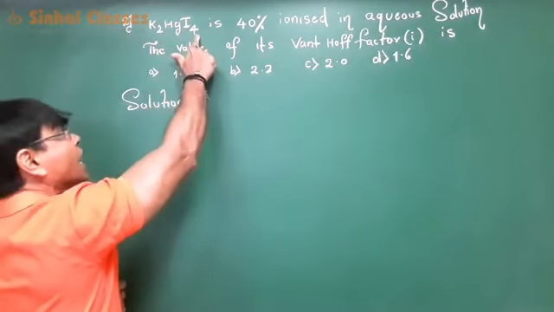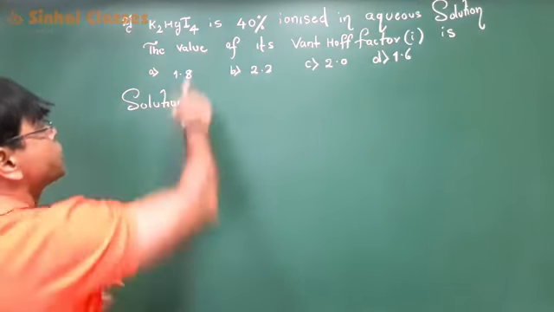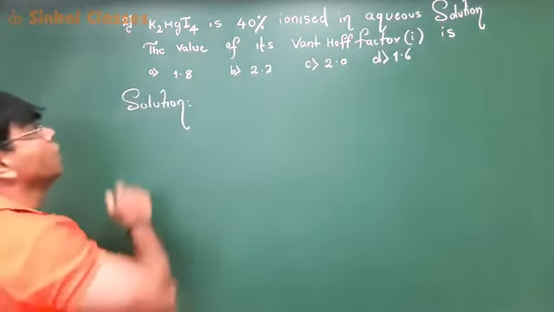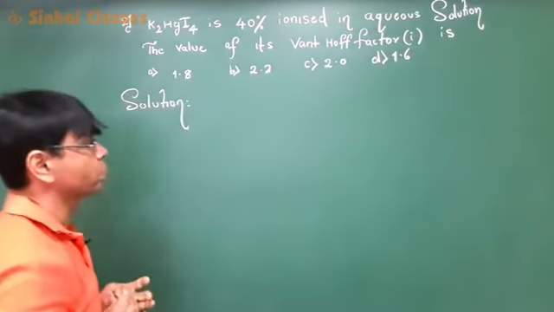Potassium mercury iodide, this is called Nessler's reagent, is 40% ionized in aqueous solution. The value of its van't Hoff factor is.